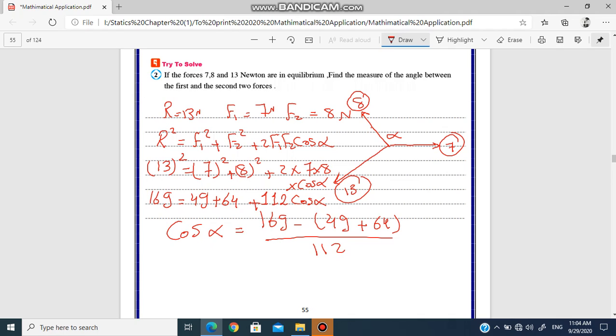So cosine alpha equals 1 over 2. So alpha will be equal to 60 degrees, using shift cosine.